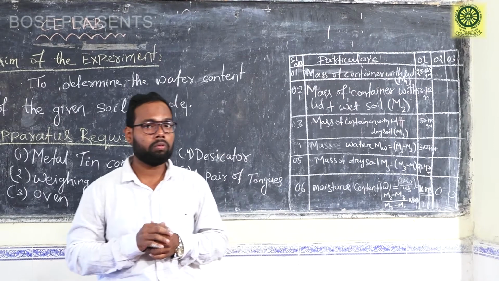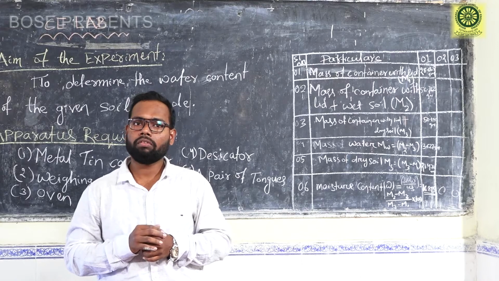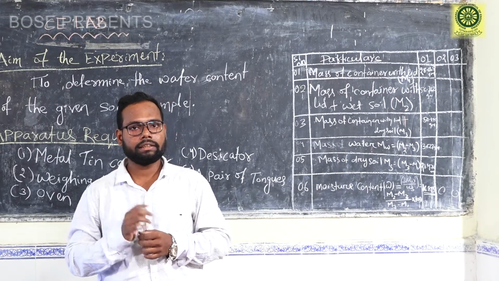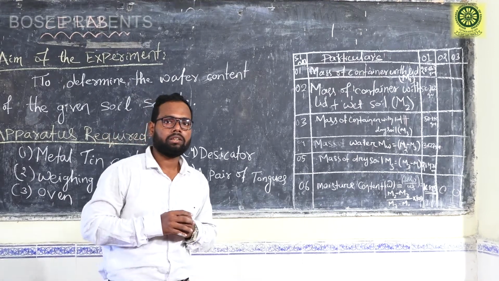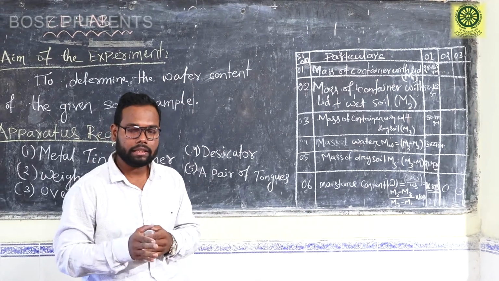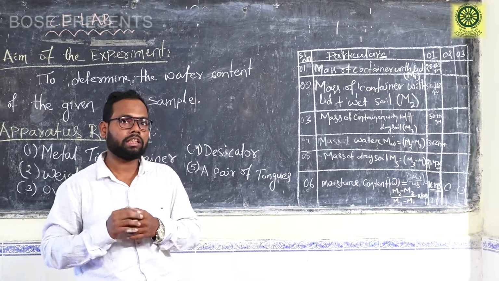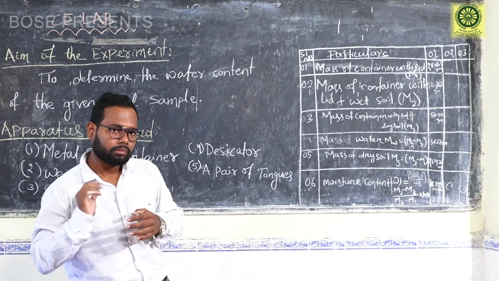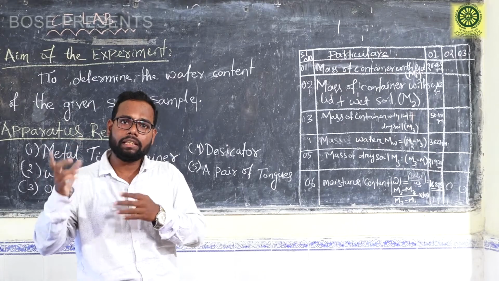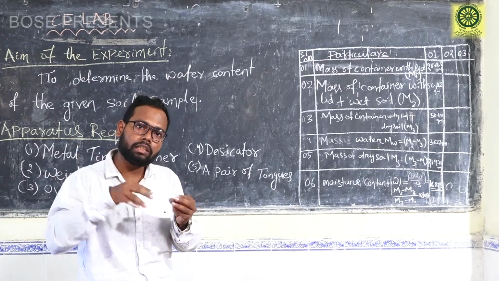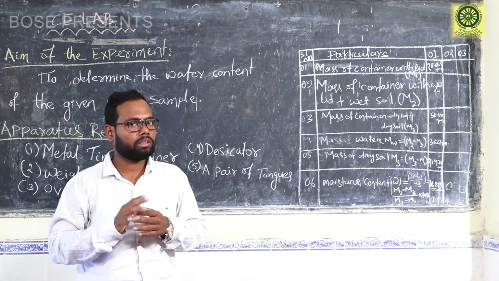There are four types of water present in the soil: free water or gravity water, capillary water, adsorbed water, and structural water. While conducting this experiment, our aim is to dry only the first three, not the structural water. If we increase our temperature beyond 115 degrees centigrade, then the structural water breaks and dries, which is not our aim. That's why we maintain the temperature at 110 plus or minus 5 degrees.